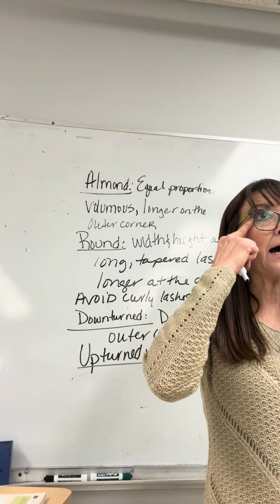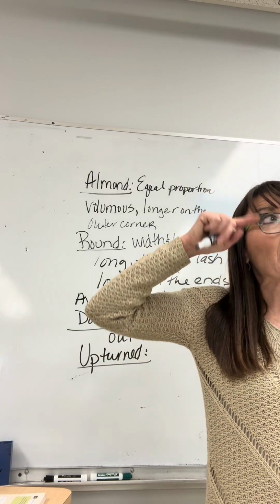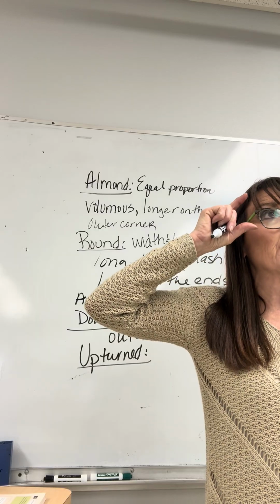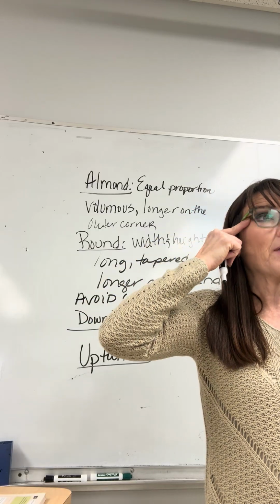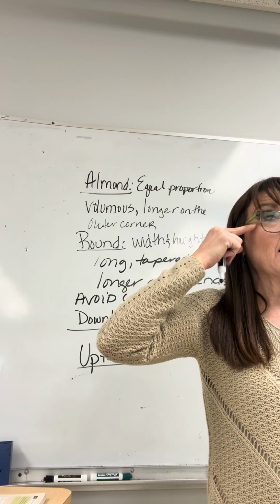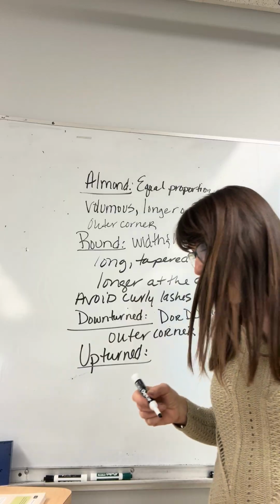If I'm down like this, I'm going to use something real curled to fill that in and make my eyes look wider, like my lid is open. But if I'm already like this, I don't want to put something even longer on the edge or with a lot of curl.